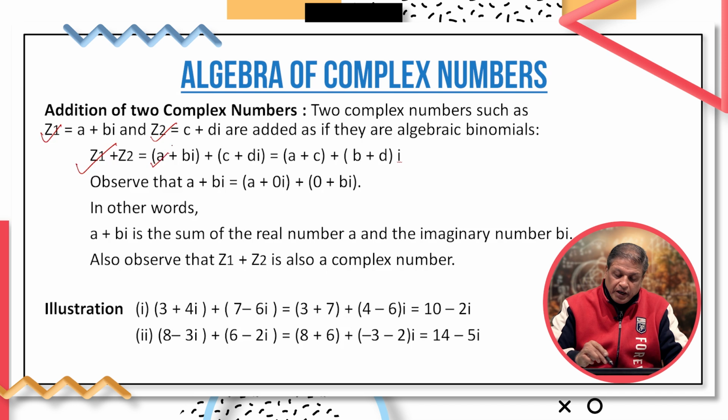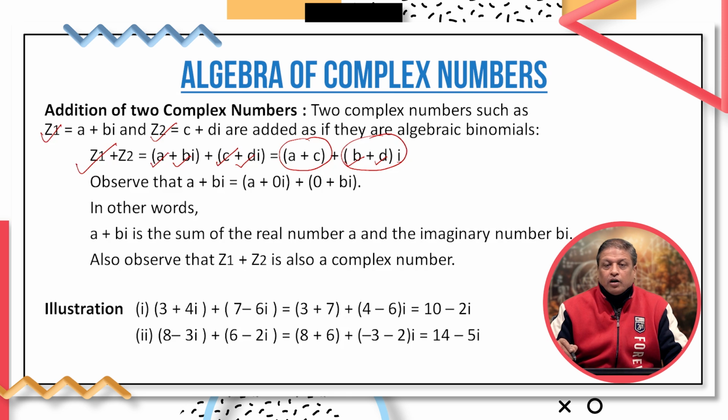Over here A and C are the real terms of Z1 and Z2, so they are added all together to form the real term for the sum Z1 plus Z2. B and D are the imaginary terms, so B and D are added all together to form the imaginary term of the complex number Z1 plus Z2.